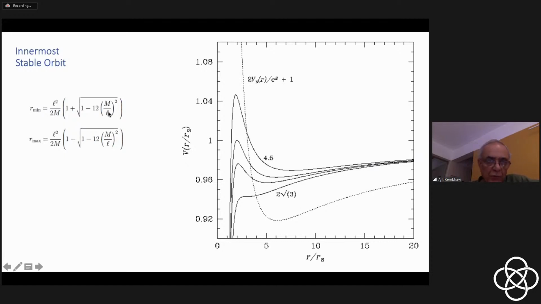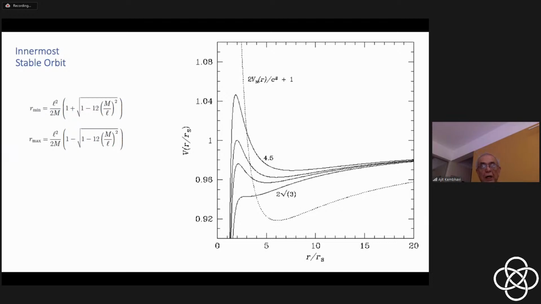You see the angular momentum here, in these units where c is equal to 1 and G is equal to 1. Angular momentum and mass have the same units, and so they are basically dimensionless. Here, L by m is equal to 4.5, and L by m is 2 root 3, etc. When the angular momentum is zero, the particle just goes in a straight line and falls into the black hole, whether it is the Newtonian case or the relativistic case.